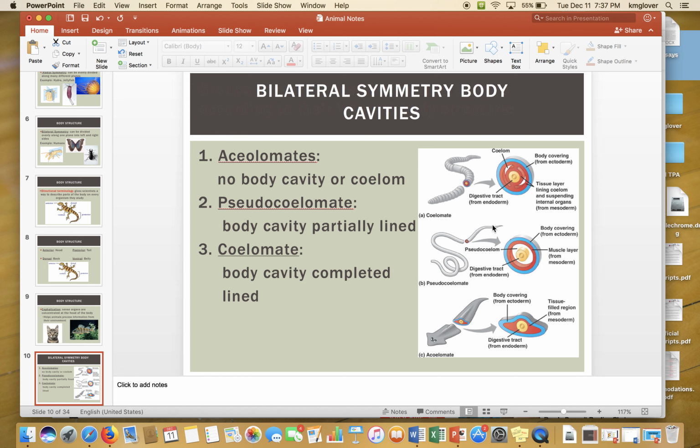Another one is a pseudocoelomate, and pseudo means false, so false cavity. That just means they have a partial one, but not yet. And then a coelomate means that they have space for all of these organs. So we're coelomates. We have space for all of our organs, and that's why we have our organ systems. Okay, don't worry about that too much. There's not a place for it, but I just wanted to introduce that before I go over types of animals.